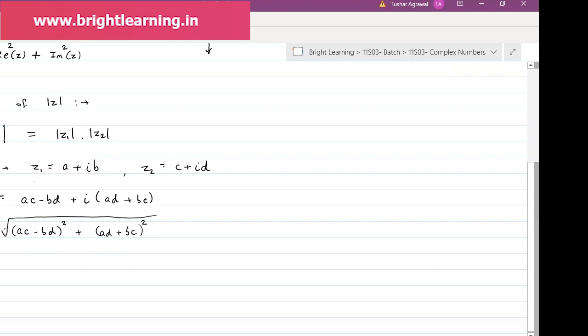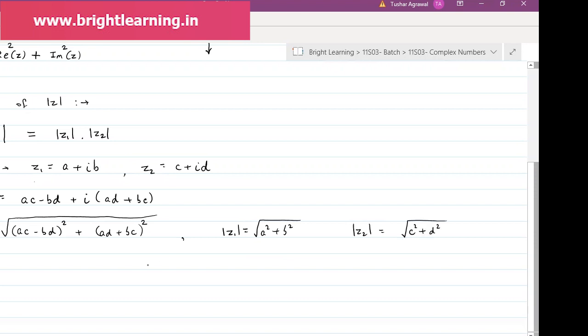What will be modulus z1? Modulus z1 is the square root of a square plus b square, and modulus of z2 is the square root of c square plus d square.